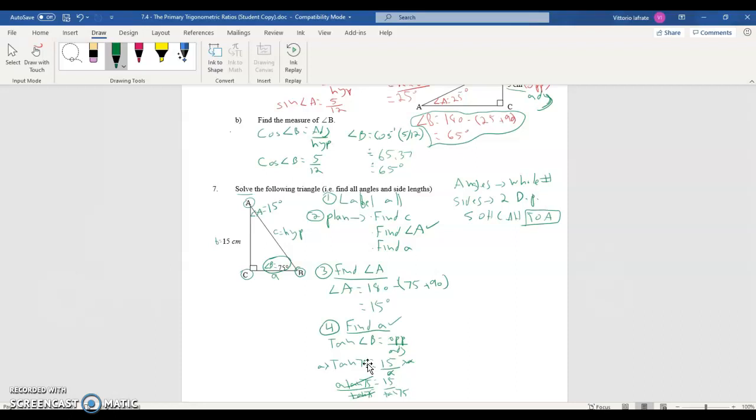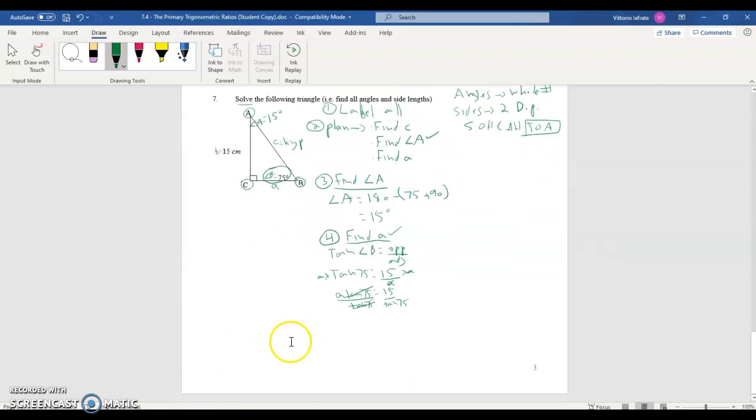And normally I should continue the work below. Oh, I still have some room. Perfect. So I get A is equal to 15 divided by, open brackets, tan, make sure it's in degrees, of 75. And I keep 2 decimal places for this, so 4.019, so 4.02 centimeters.